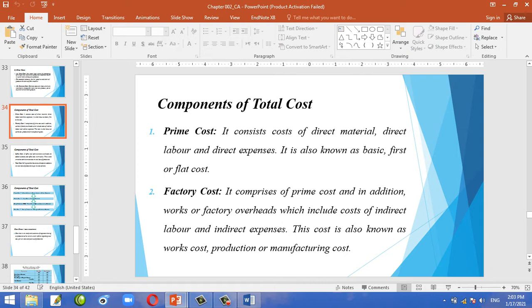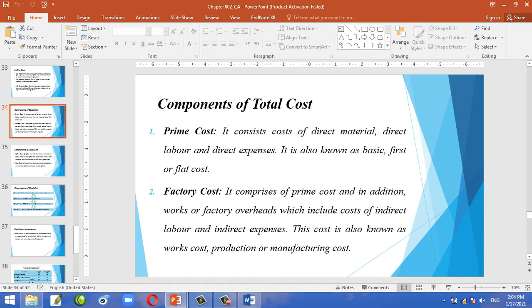So prime cost is actually the combination of the direct costs only. We have direct material, direct labor, and also direct expenses.